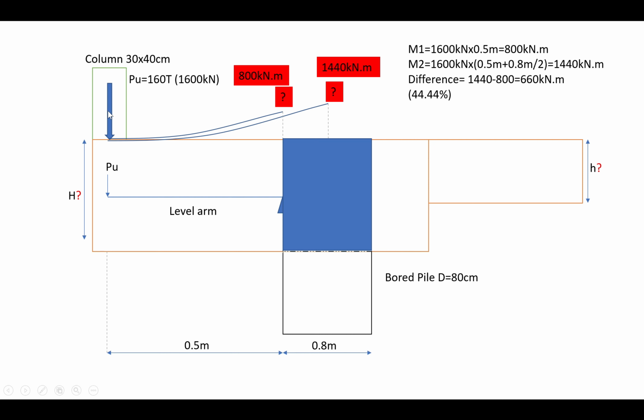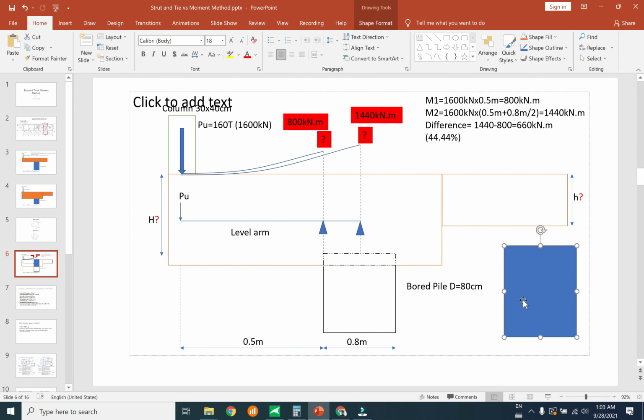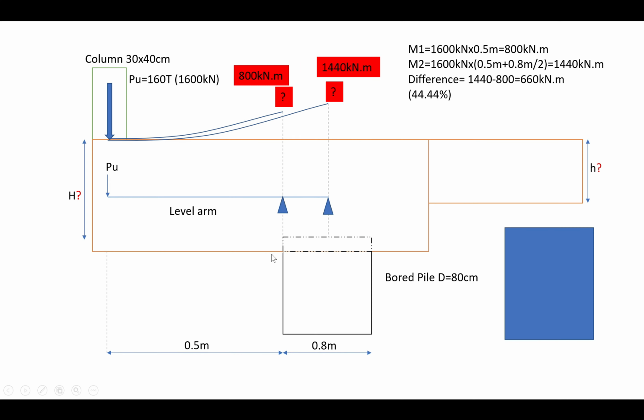When we apply the ultimate load at this point, if we multiply the ultimate load with the level arm at the surface and with the level arm at the center of the concrete bored pile, we will get different results. The difference between these two results is equal to 660 kN or is equal to 44.44%.